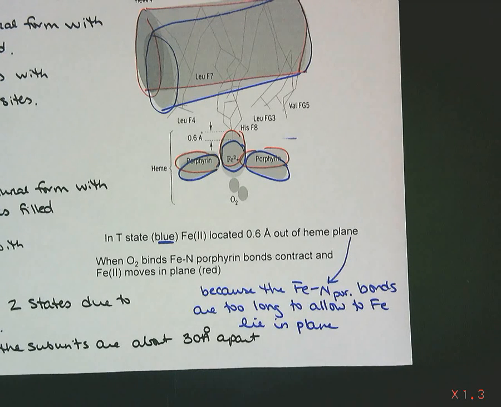So my iron is going to sit out of the plane for now because the N porphyrin bonds to the iron are too long.